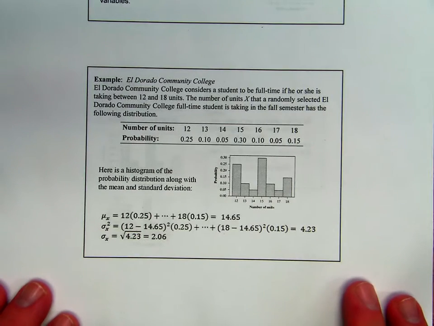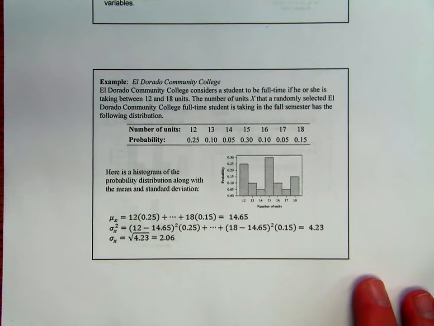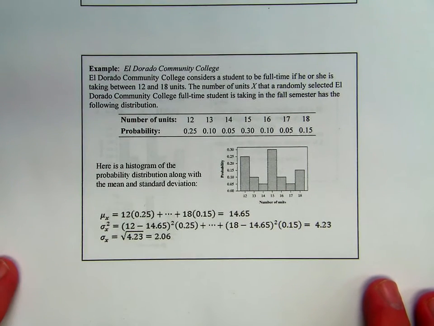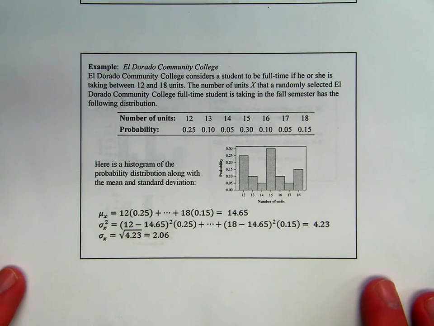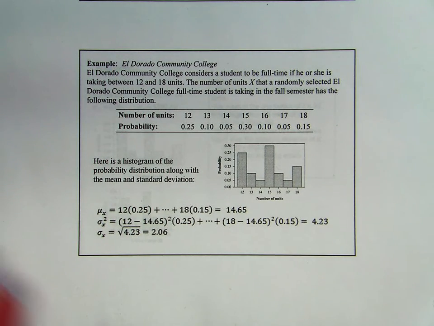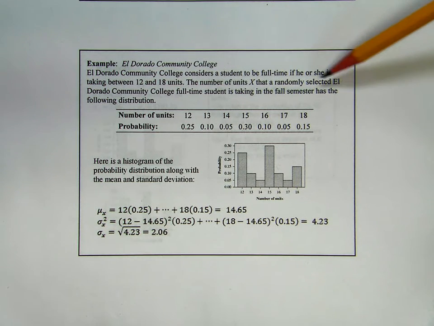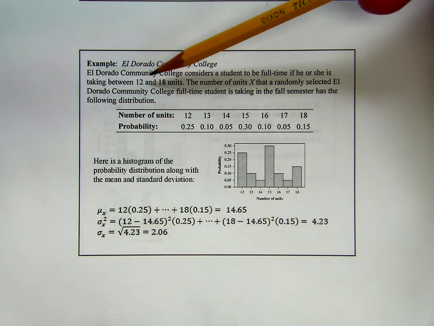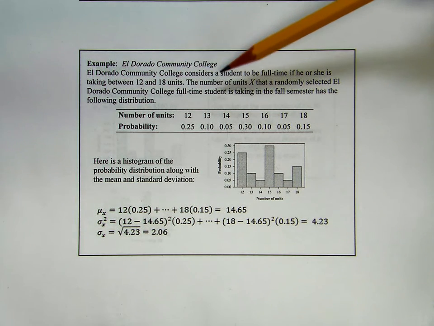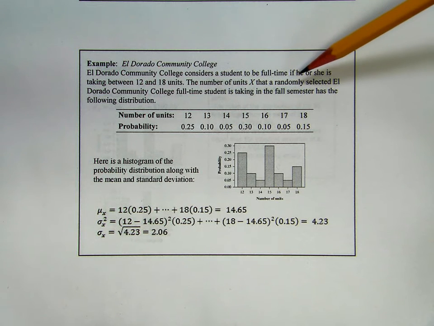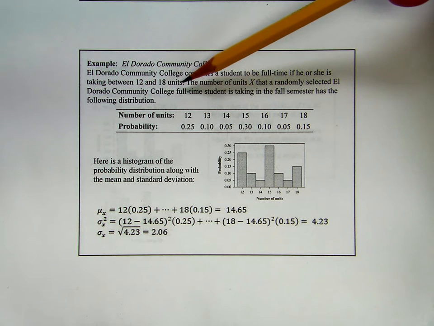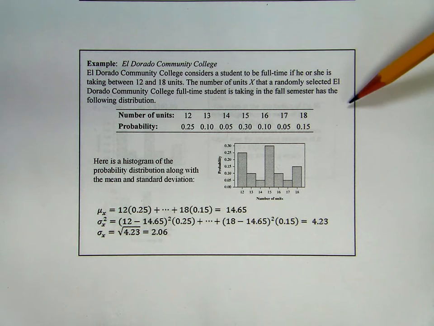All right, this is going to be the scenario for most of the slides for today. El Dorado Community College, fine institute of higher learning. El Dorado Community College considers a student to be full-time if he or she is taking between 12 and 18 units. The number of units X that a randomly selected El Dorado Community College full-time student is taking in the fall semester has the following distribution.